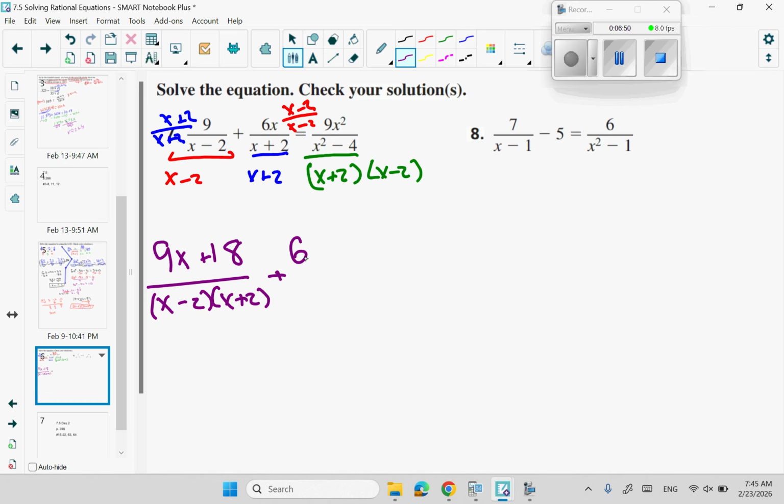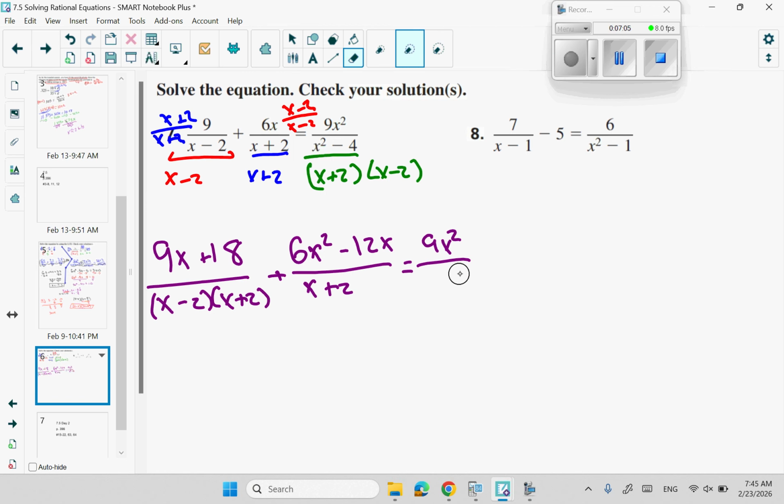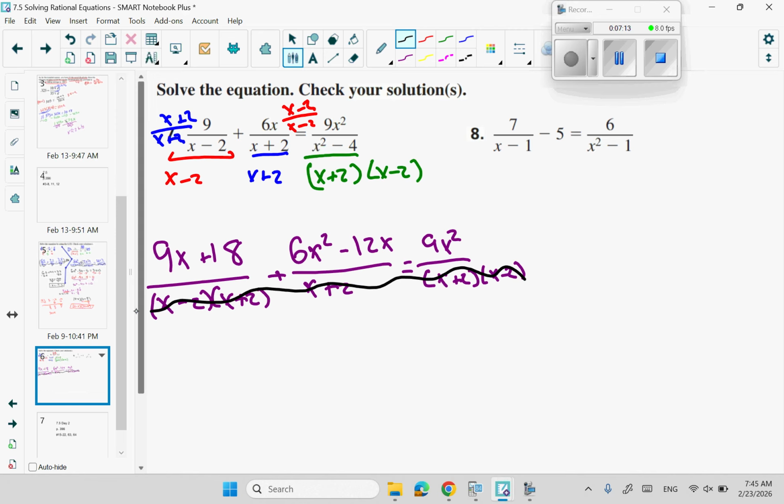6 times x, so 6x squared. 6x times -2, so -12x. I guess I should make them all look the same. Again, I have the same bottom, so I can cross it all off.